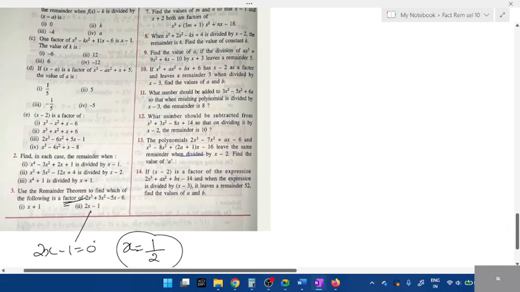Let me solve it. X is equal to 1 by 2. F of 1 by 2.